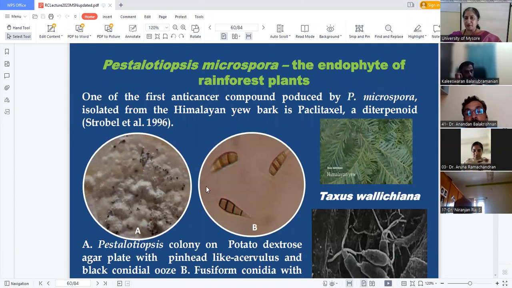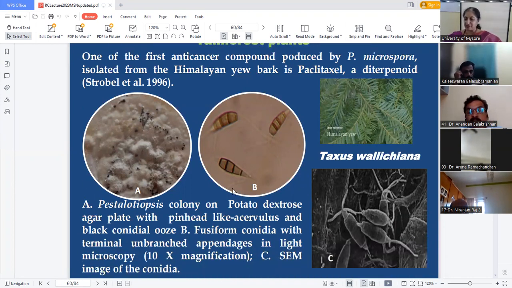Now the colonies of the fungus are pinhead cushion-like. The acervulus produces a black oily ooze. So if you take that and mount them, you have millions of fish-like spores, conidiogenous cells with branched appendages. That is the identification of the Pestalotiopsis species. Okay, and this is the electron micrograph.